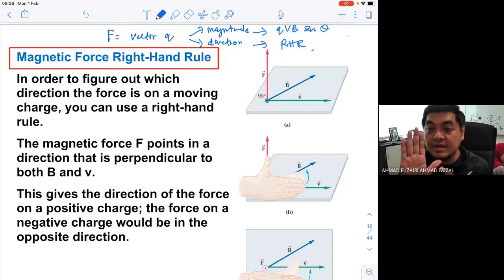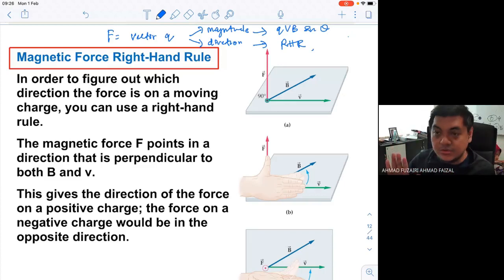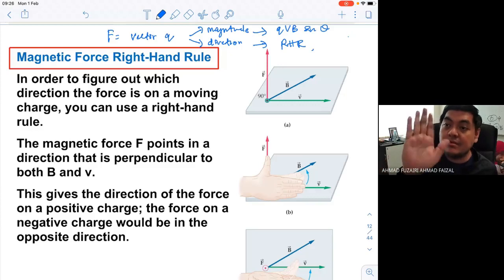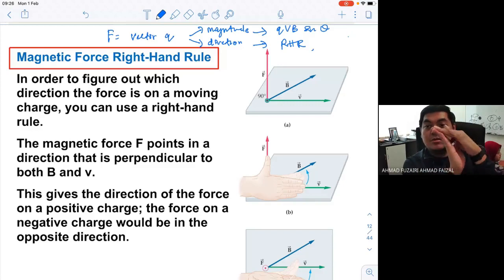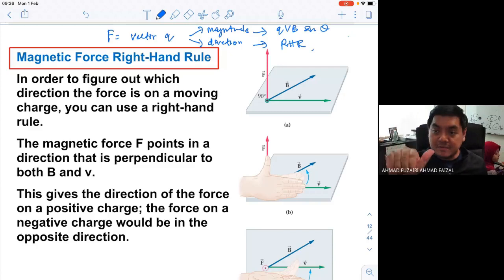We should know the direction of the magnetic field, which we go by slapping our hand. Slapping means going forward, ke depan. You cannot go backwards like this. It should always be going forward, dia mesti ke depan sahaja.